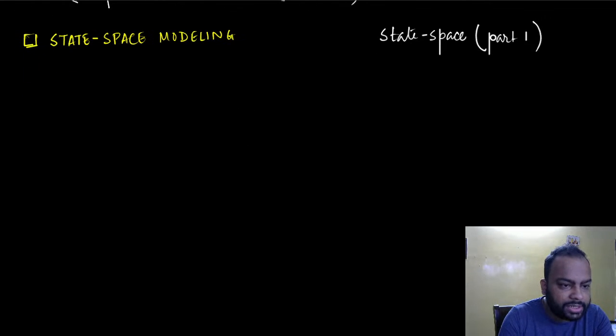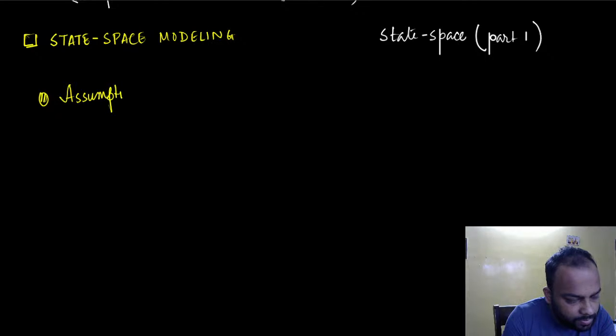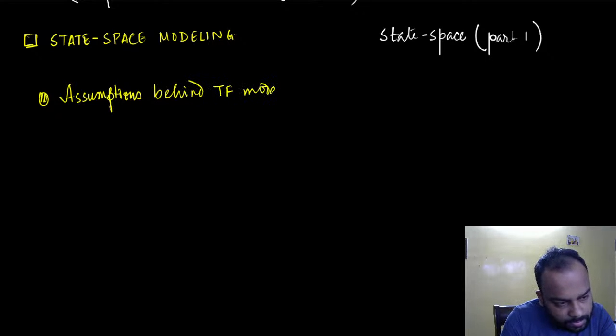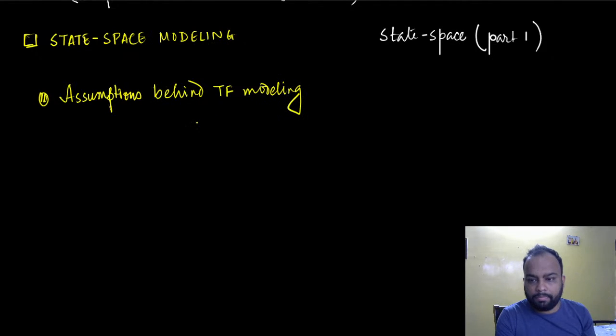Let's recall what assumptions we made while actually doing transfer function modeling. So I would say these are the assumptions of transfer function modeling. Of course, by now I can assume TF means transfer function, without actually telling you.